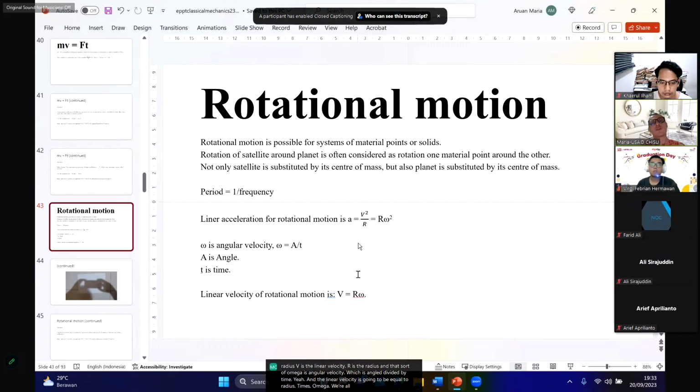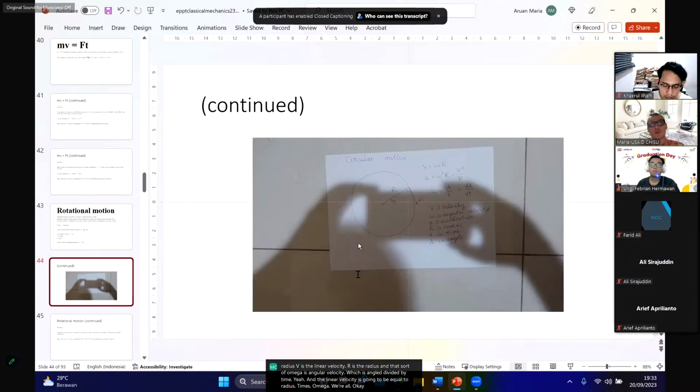Slide number 44 shows you what happens. Just imagine I rotate a mass on a rope, and it goes with the same speed, but because velocity changes direction, there is acceleration a, which is equal to velocity squared divided by the radius.